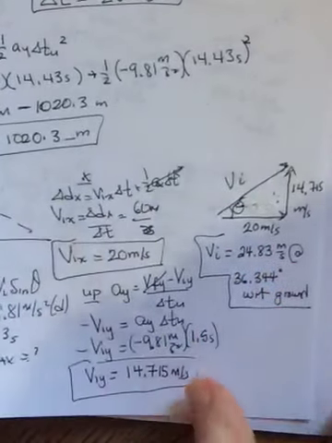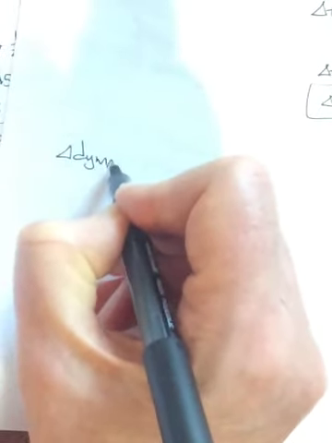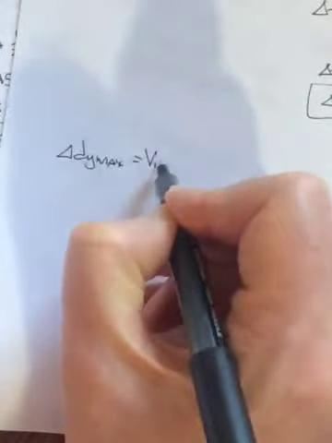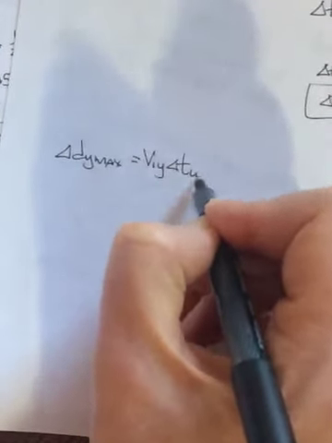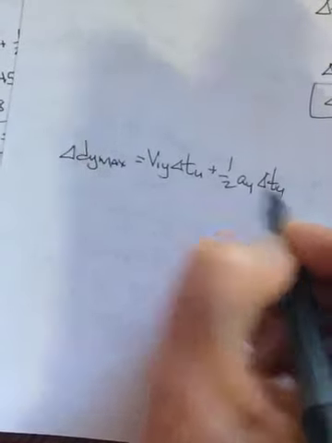The first part wants to know maximum height reached. So for maximum height reached, we're looking for delta dy max, and that's equal to VIY delta TU plus 1/2 AY delta TU squared.